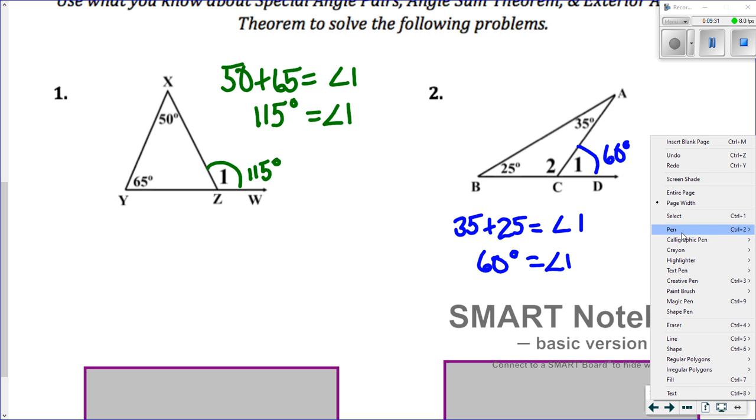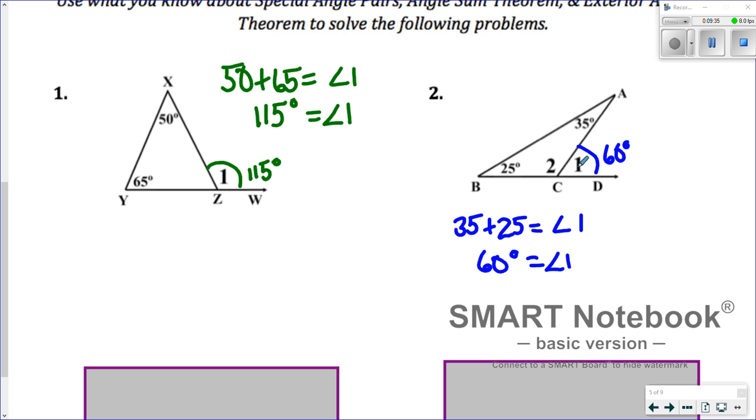Now they want us to find angle 2. In order to find angle 2, look what's going on. Angle 1 and angle 2 have segment AC as their common segment. When you have those two angles put together, they create a line, which is 180. So that means they're linear pairs.